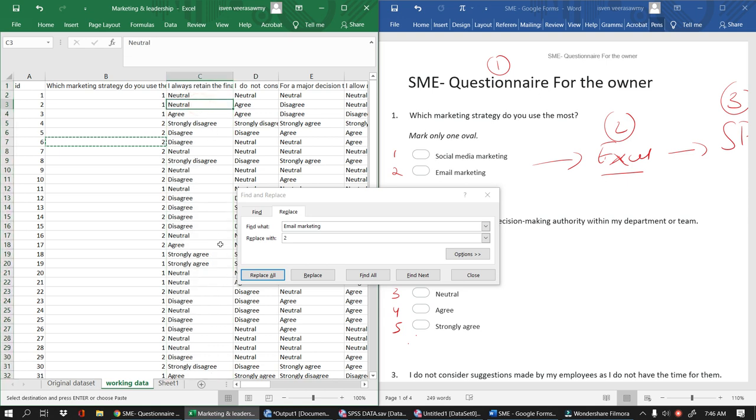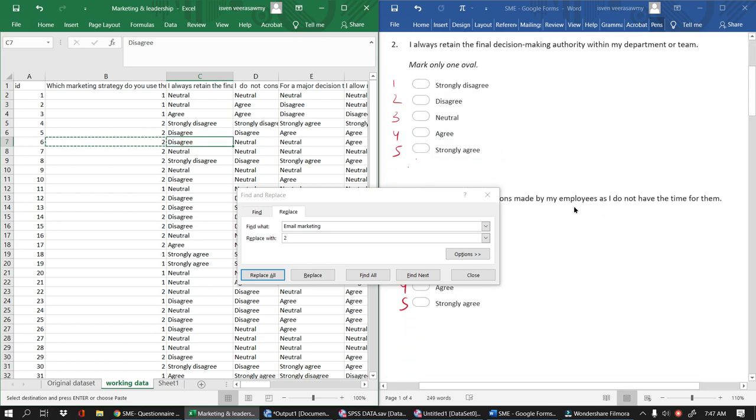But here you need to be very careful about this question, this likelihood type question. Let's say if you do it like this, you replace, so we have coded disagree as 2. If I do the same process, you see that if I replace disagree by 2, this one over here, strongly disagree, will be replaced by strongly 2 because it contains the word disagree.